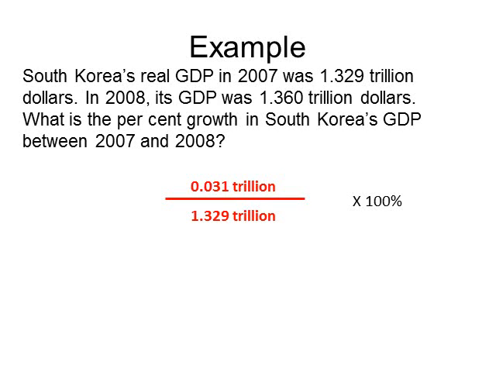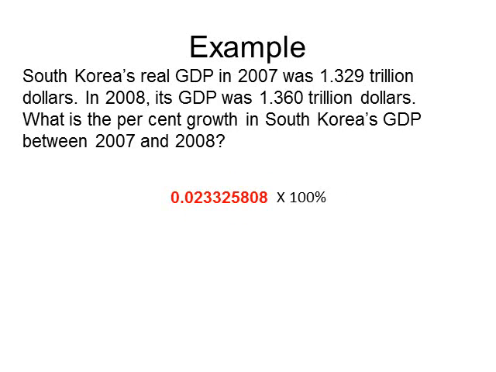Next, we're going to divide 0.031 trillion by 1.329 trillion, which gives 0.023325808. We're going to round that off to 0.023.